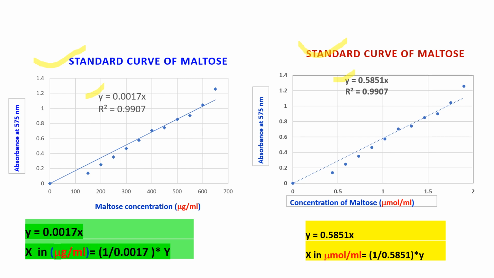Now, if you know the absorbance value, you can easily estimate the concentration of maltose in microgram per ml from this equation, where y is absorbance. You have to multiply absorbance with 1 by 0.0017, or if you want to convert it to micromole per ml, then you have to multiply absorbance with 1 by 0.5851. In this way, you can get the maltose concentration of an unknown sample.